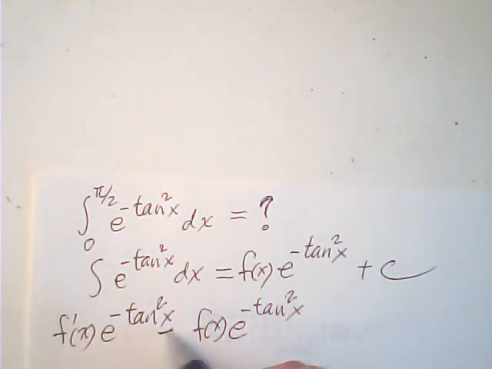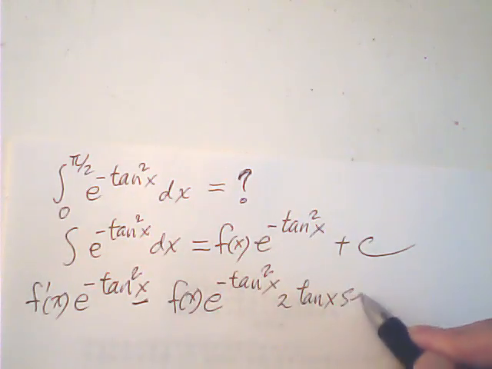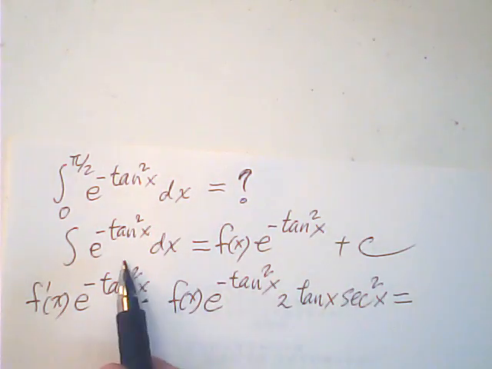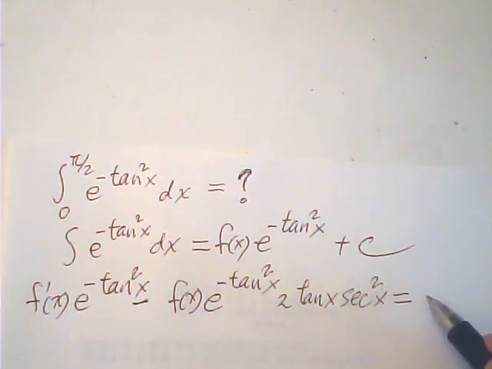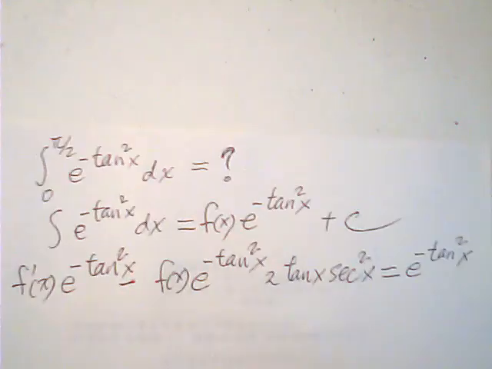So it's minus 2 tangent x secant square x, is equal to the left-hand side. The left-hand side derivative is equal to this. Good.